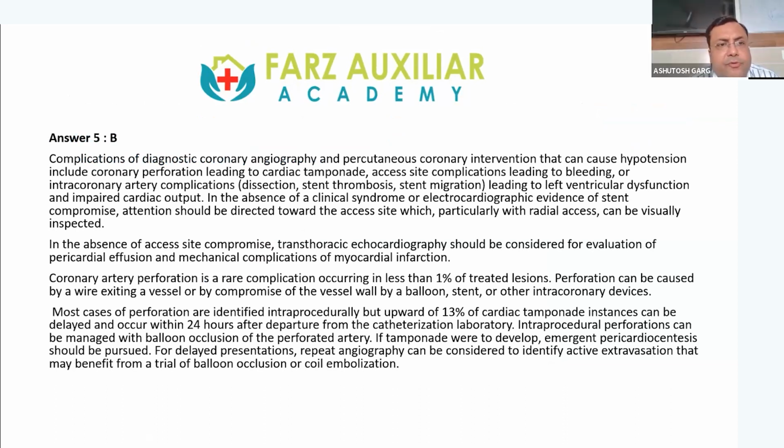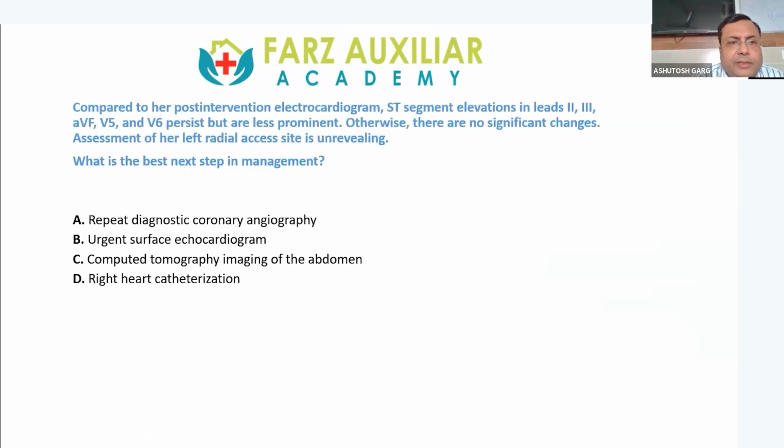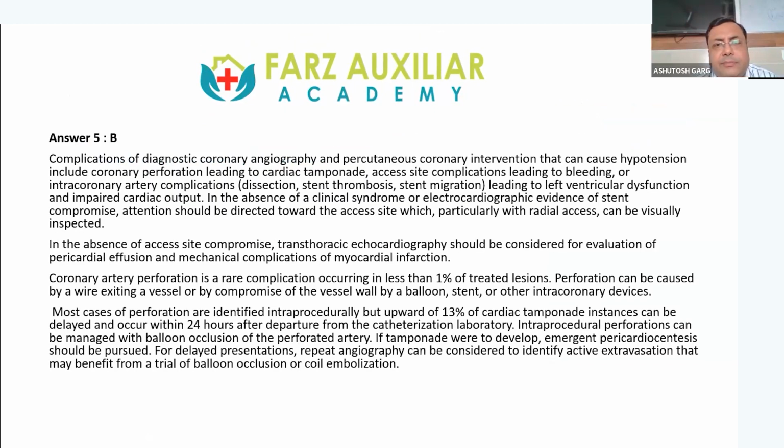So there are 3 or 4 things in this situation. One is maybe cardiac tamponade, access site complication leading to bleeding, intracoronary artery complication like vessel dissection, stent thrombosis, stent migration leading to left ventricular dysfunction and impaired cardiac output. So basically in this situation, they have already given that access site is normal.